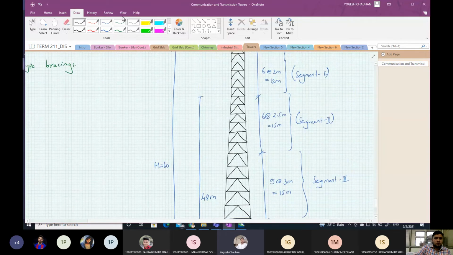So these are of K-type bracing. This segment is also with K-type bracing. This is also K-type bracing.